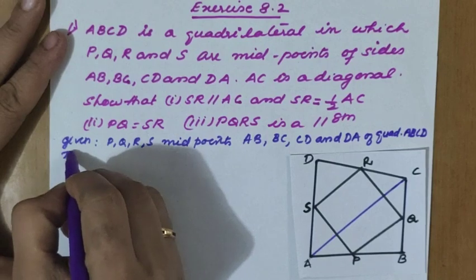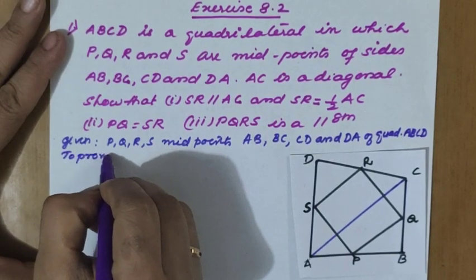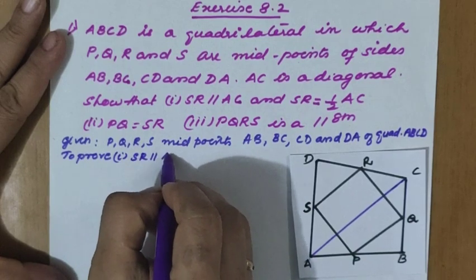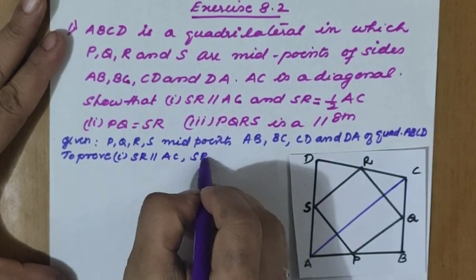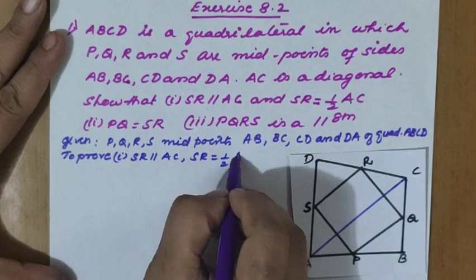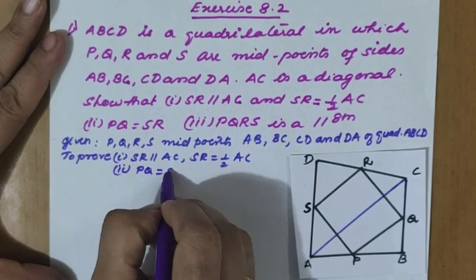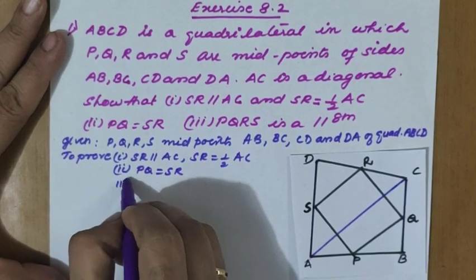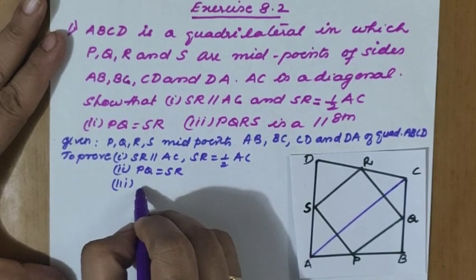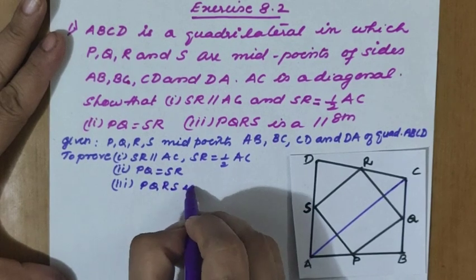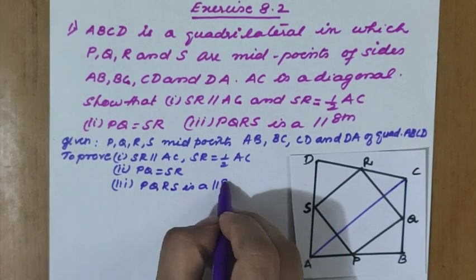To prove: first, SR parallel to AC, SR equal to half AC. Second, PQ equal to SR. Third, PQRS is a parallelogram.